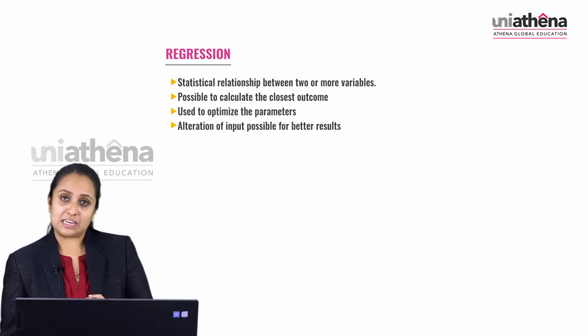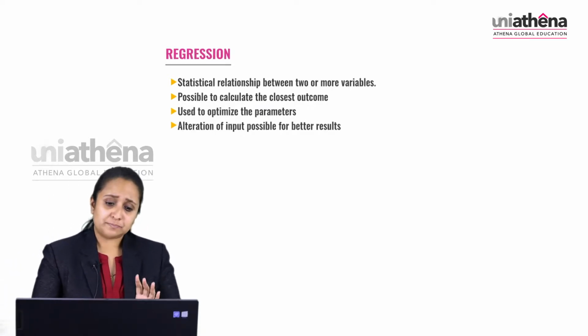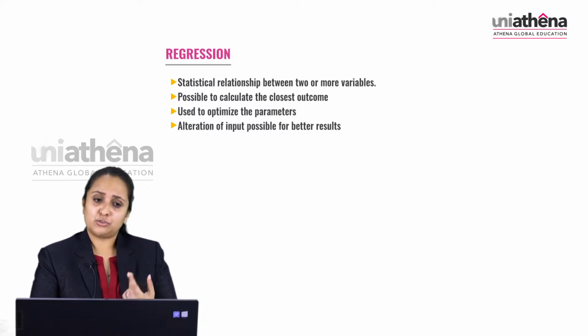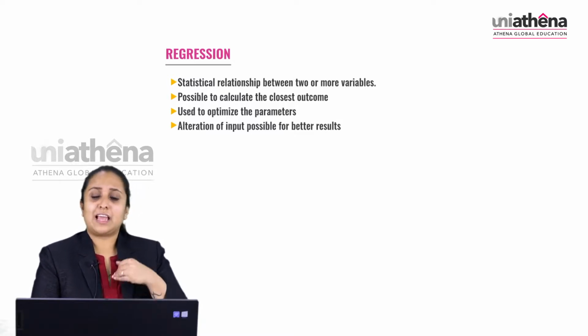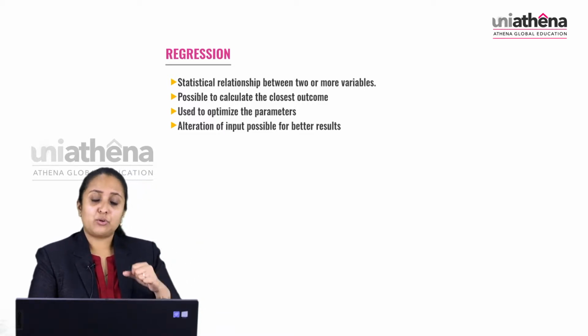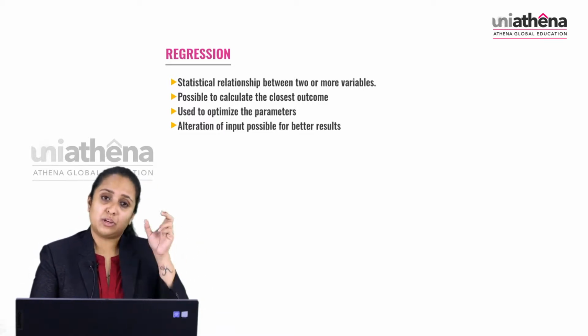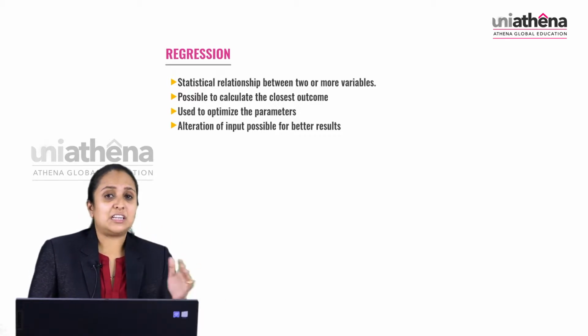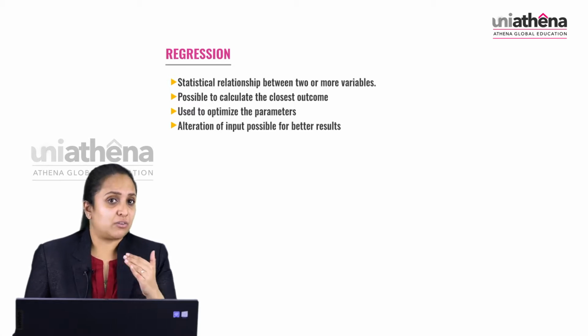Now comes the regression technique. Here we are using a statistical relationship, that is, the relationship between two or more variables. We calculate the closest outcome using algorithms, and you optimize the parameters. You take the parameters which are required and you neglect the parameters that are not required.